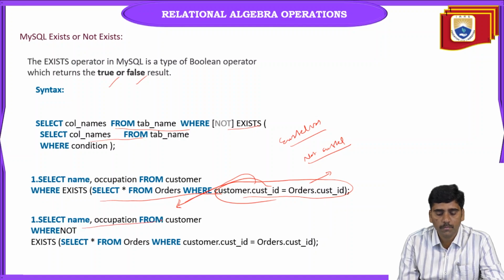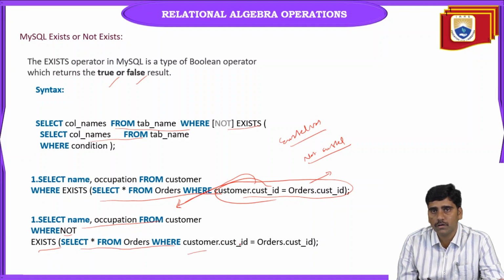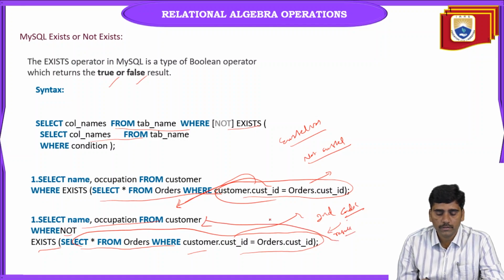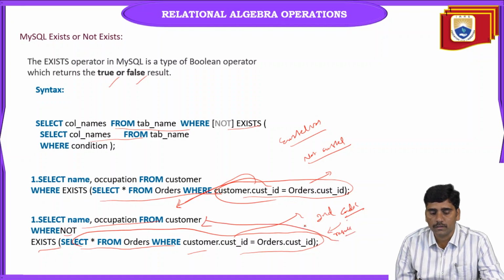So select name, occupation from customer where NOT EXISTS of select star from orders where customers.customer ID equals orders.customer ID. Here the second condition is executed first, and the result of this condition is used with the next condition.